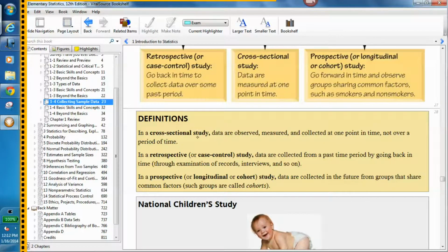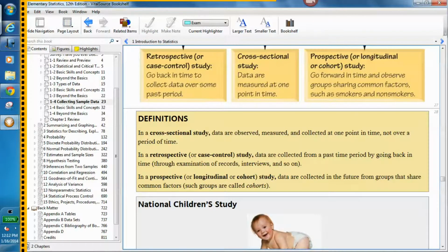A cross-sectional study, it says, data are observed, measured, and collected at one point in time, not over a period of time. A retrospective study, data are collected from a past time by going back in time.